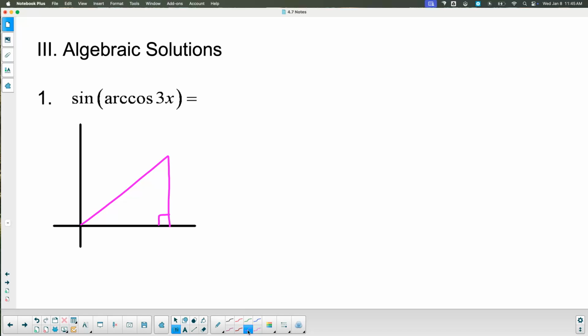So this is really the sine of the arc cosine of 3x over 1. Agree with that? So that means my adjacent side is 3x and my hypotenuse is 1.